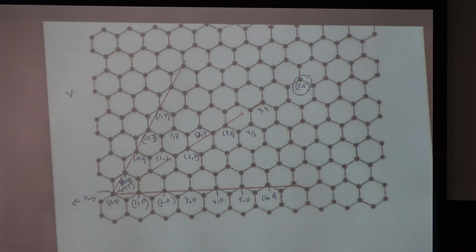Okay? Fold it back on itself that way. Even though that is not how you make carbon nanotubes, it's how the community has decided to characterize these things.